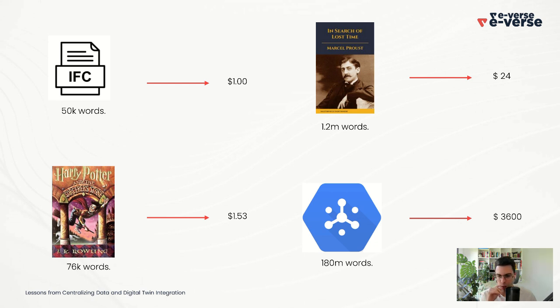For Harry Potter, all the books, 7,000 words, it was just $1.20. But for our data warehouse, which was more than 180 million words, we would pay $3,600. That's insane. There was no way we could send our data warehouse to OpenAI every time we were going to ask a question.